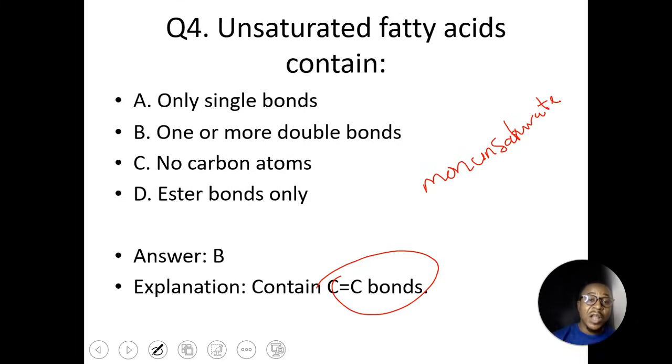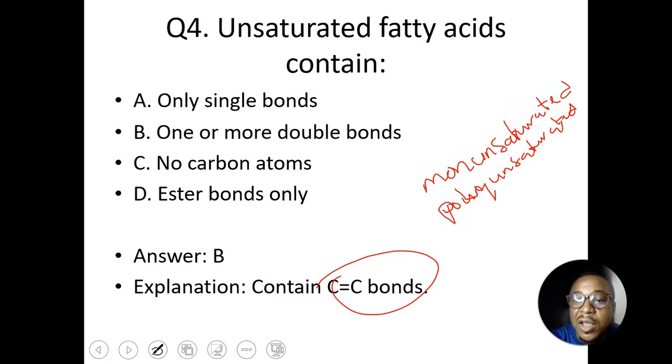If it is more than one, we'll say it is poly-unsaturated. So it's monounsaturated and polyunsaturated.